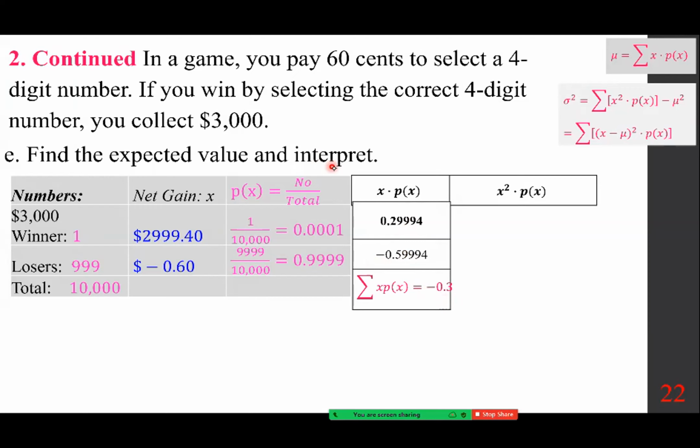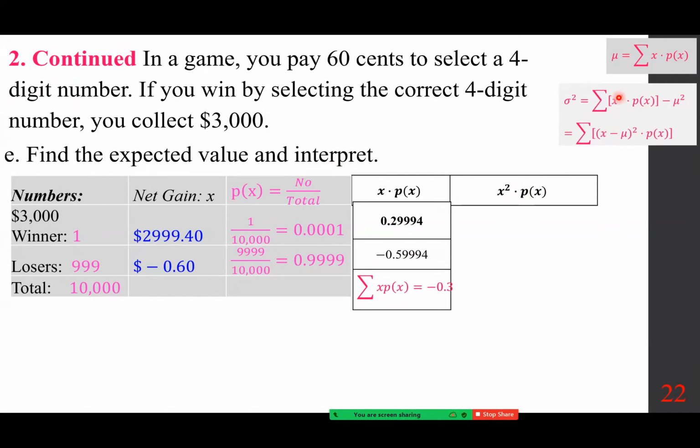To do the interpretation, I want to continue and calculate the variance and then the standard deviation. So the variance is the summation of x squared times p of x minus mu squared, or the summation of x minus mu quantity squared times p of x, and sigma would be the standard deviation, which is the square root of that.